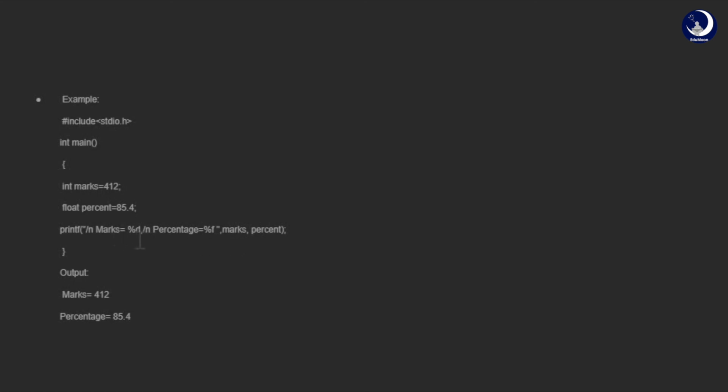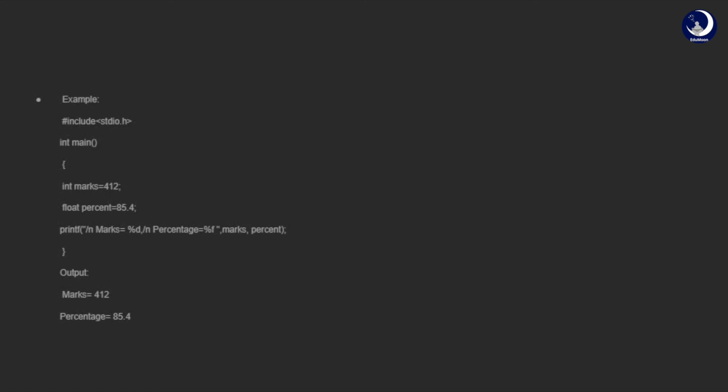So in place of %d, we have marks, which is nothing but the int marks, which is 412, and in place of %f, we have float per, 85.4. So these format specifiers along with the conversion characters are used in the print statement to print the correct statement. Also, in the printf statement, we have all of them in one single line.